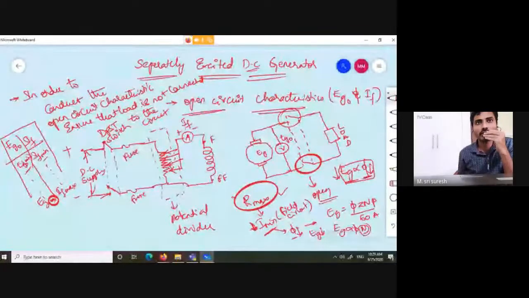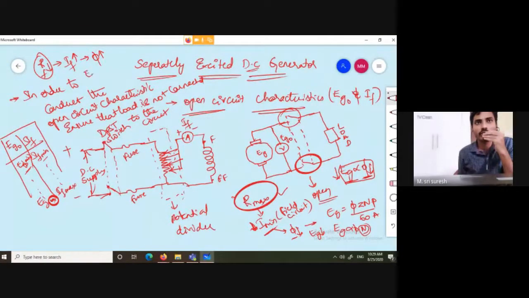So I am writing here, if resistance is decreasing, that means the resistance of the field circuit is decreased by varying the potential divider. What happens to field current? Field current will increase. If the field current is increased, what happens to flux?